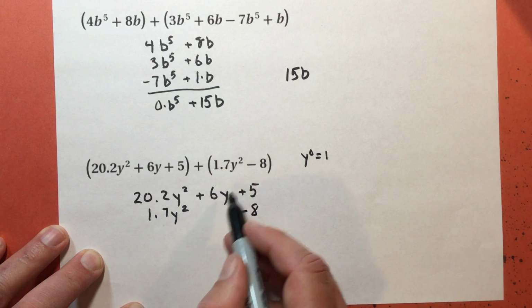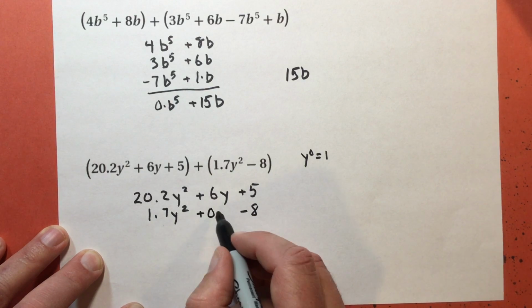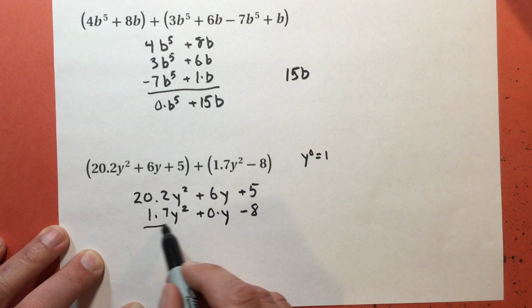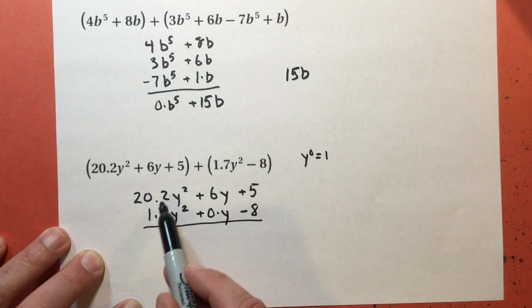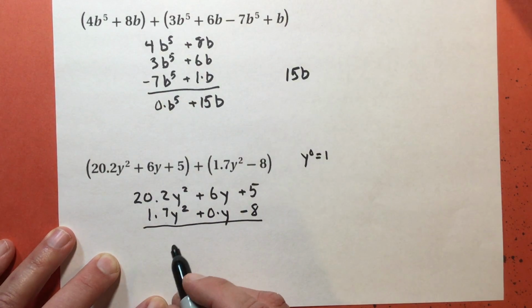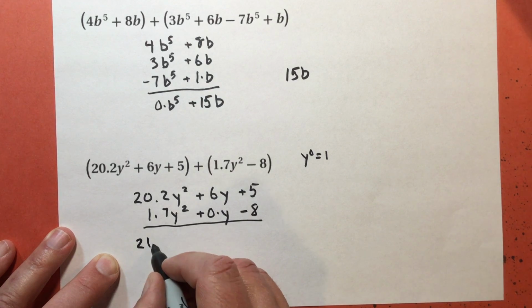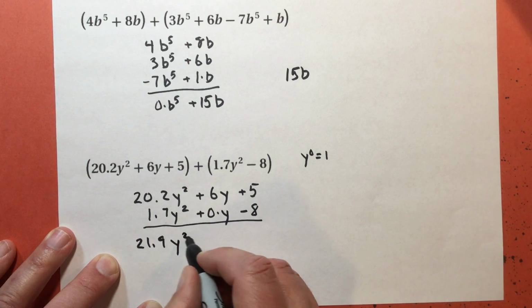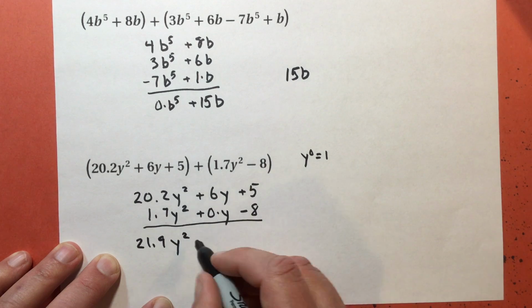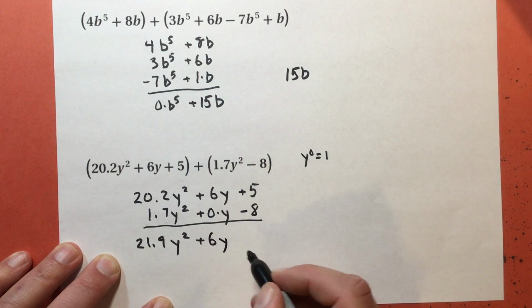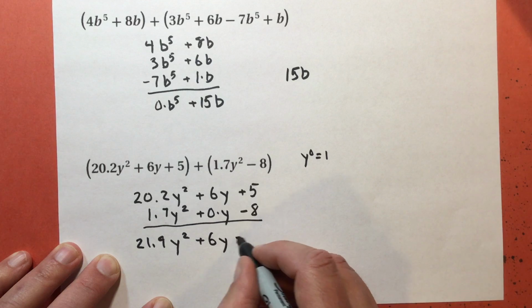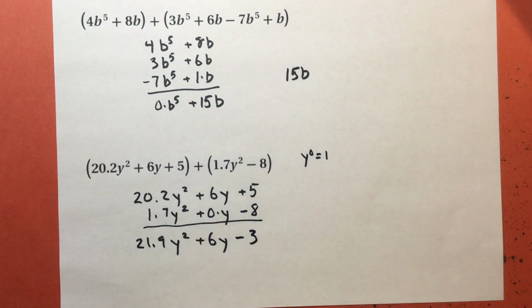How many y to the 1st powers do I have over here? I don't have any. So I can go ahead and put that 0 in there. 20.2 plus 1.7 should be 21.9 y to the 2nd power. 6 plus 0 is 6. And 5 subtract 8 is -3.